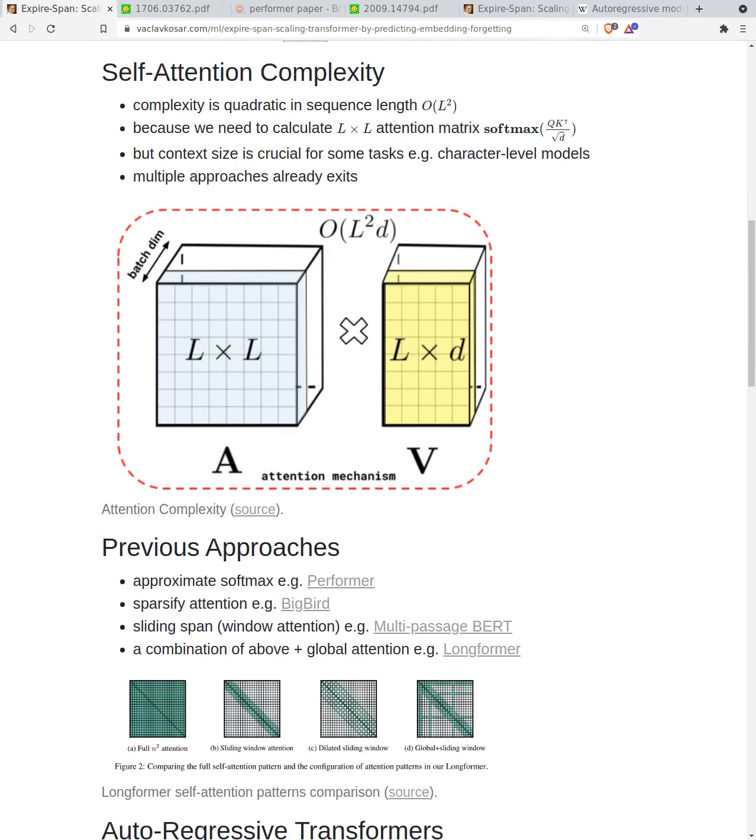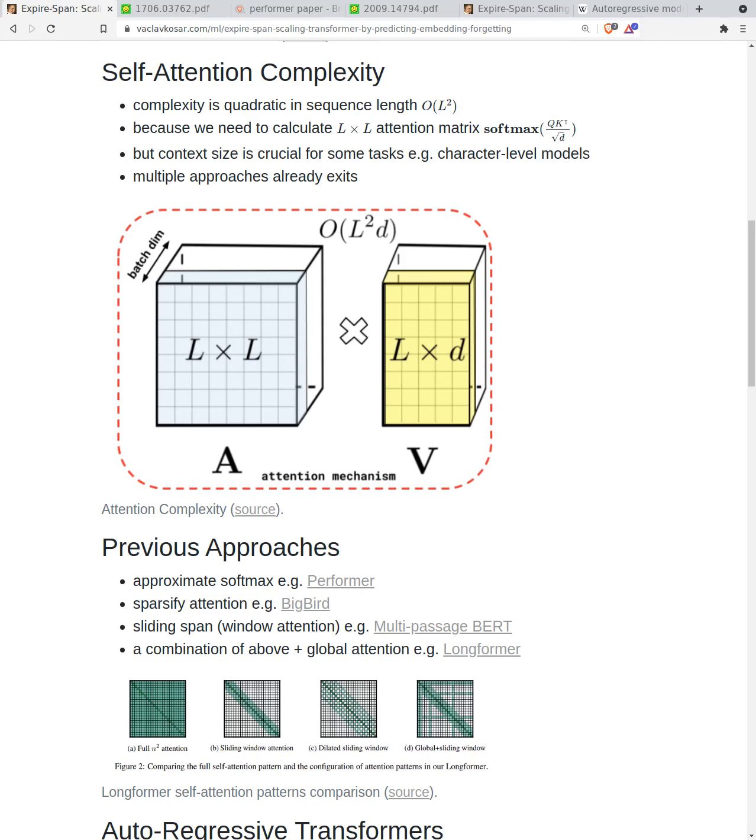The issue with self-attention is the complexity, which is quadratic in the sequence length. So for long sequences, we need to do a quadratic amount of computation. That's because of the softmax, because of all the comparisons. The problem is that the context size is actually crucial for some tasks.